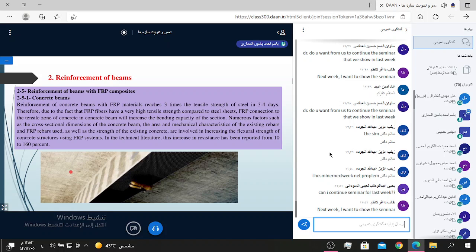Numerous factors such as the cross-section dimension of the concrete beam, the area and mechanical characteristics of the existing rebars and FRP bars used, as well as the strength of the existing concrete, are involved in increasing the flexural strength of the concrete structure using the FRP system.